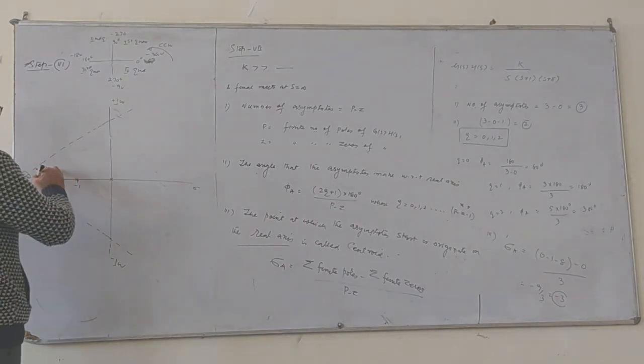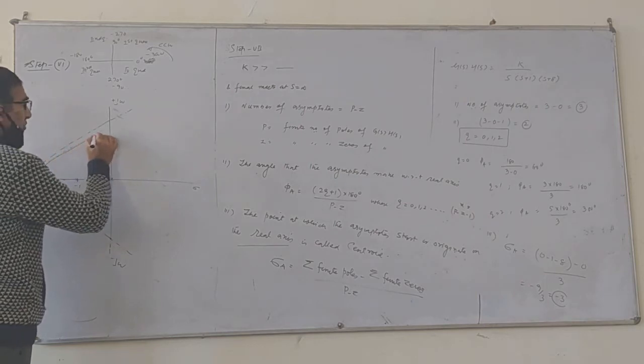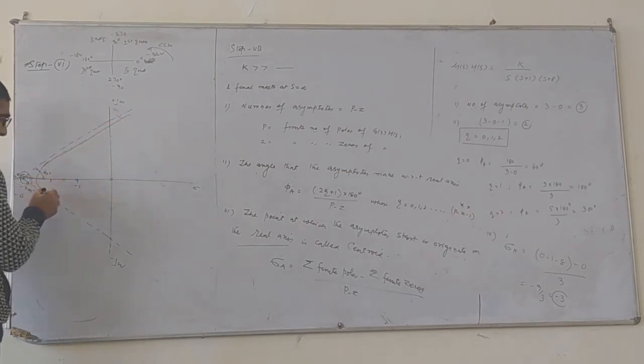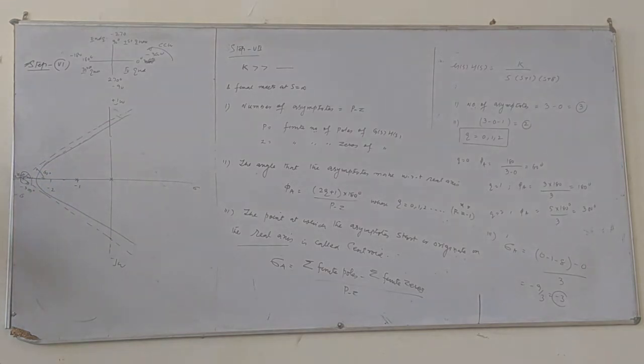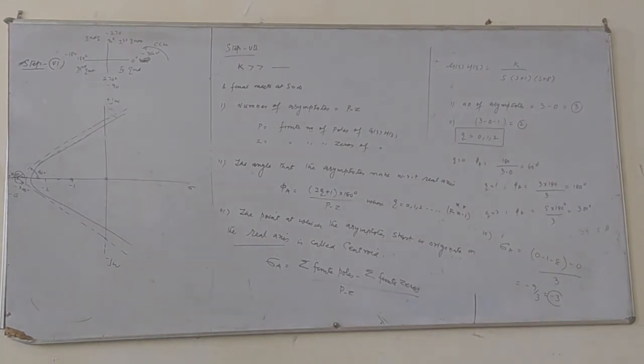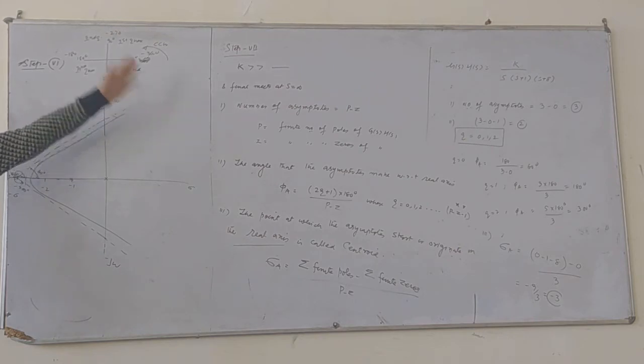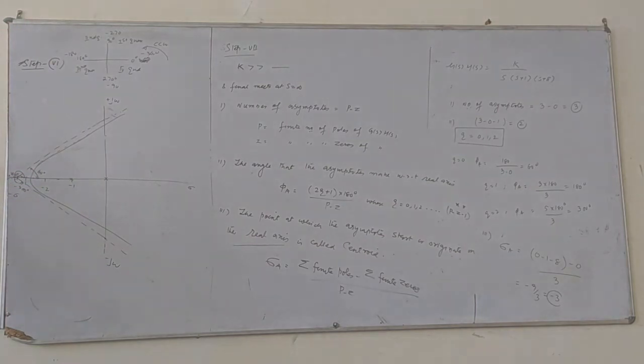So the root locus has to be approximated like this: it should move parallel to these asymptotes. I'm giving an example, we have to draw a curve for the root locus. It should move parallel to the asymptotes and meet or intersect them at s equal to infinity. But for the time being, the curve will be like this.